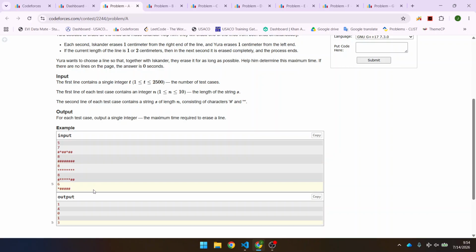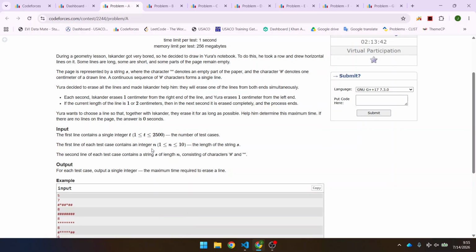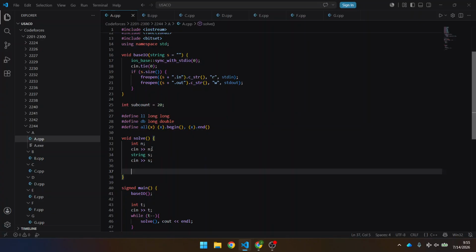4, 0, 1, 3. Right end of the line reads 1 centimeter for the left end. Choose a line.